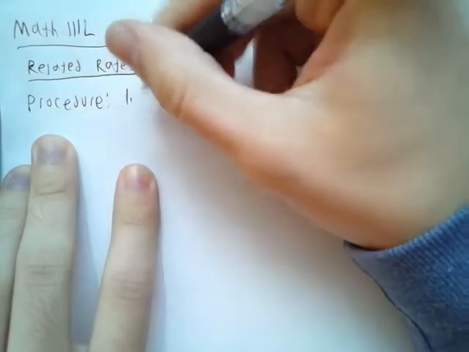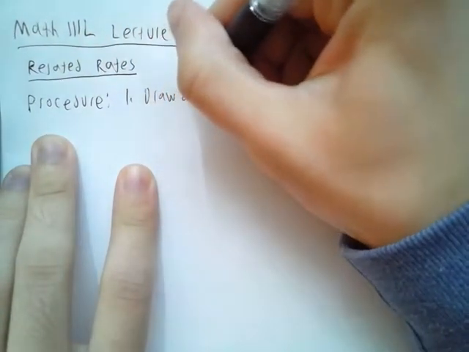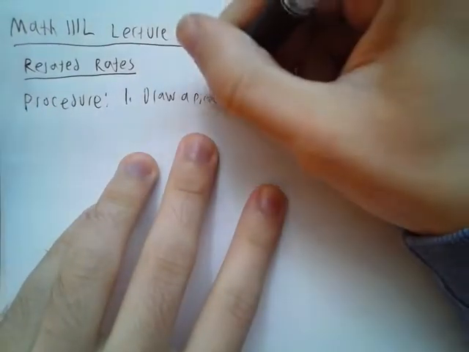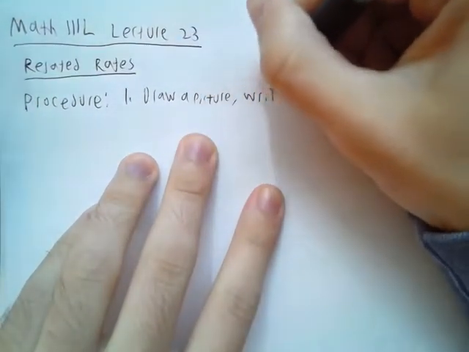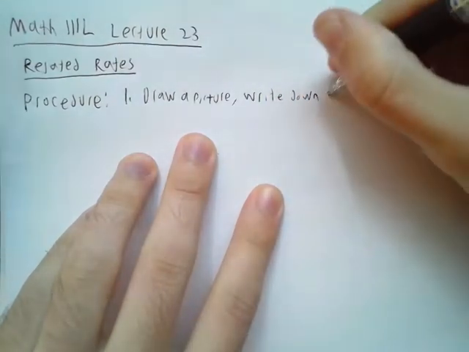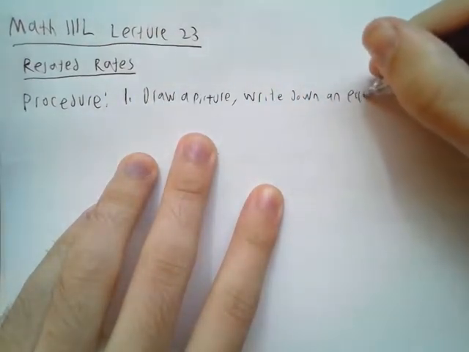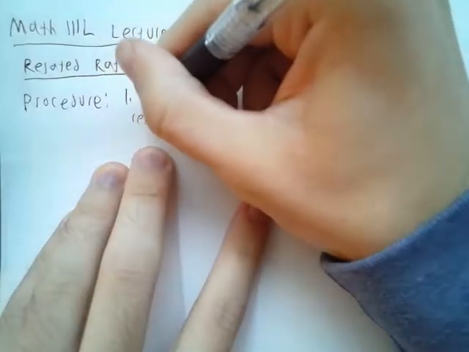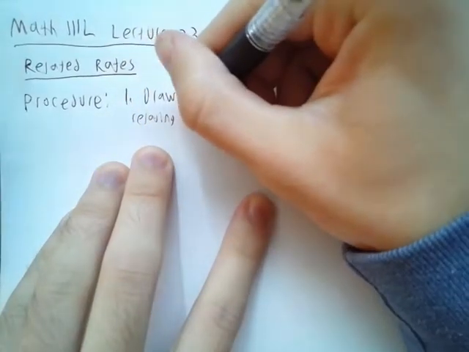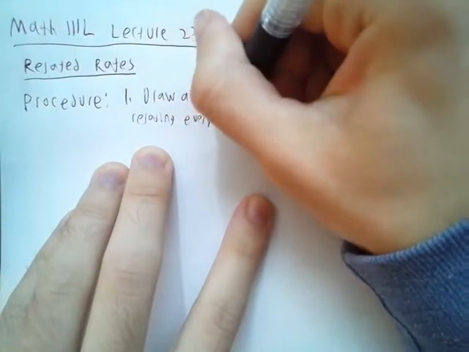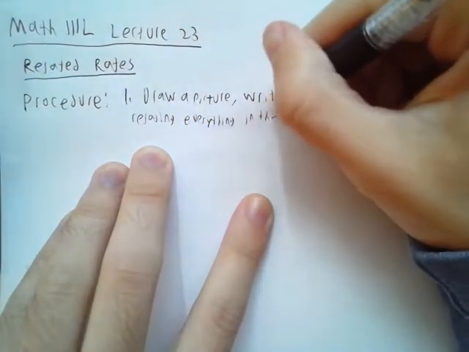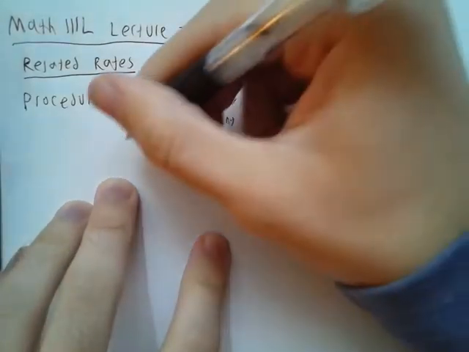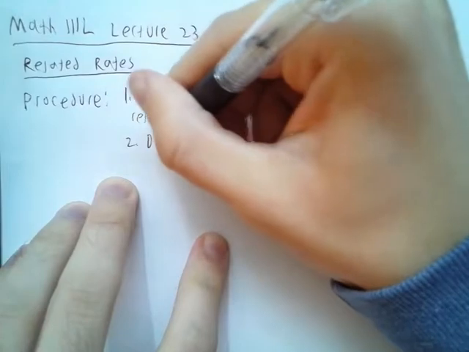So first, we want to draw a picture, which usually helps you to get an idea of what's going on. And then we'll write down an equation relating everything in the problem. Second, we differentiate the equation.